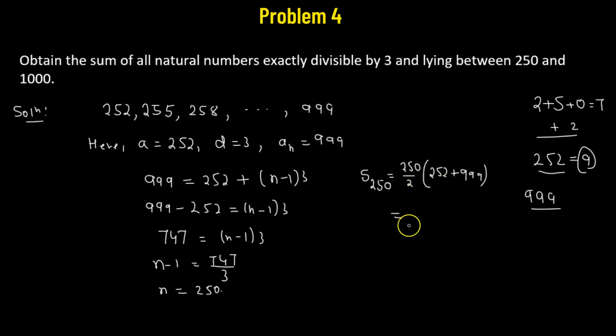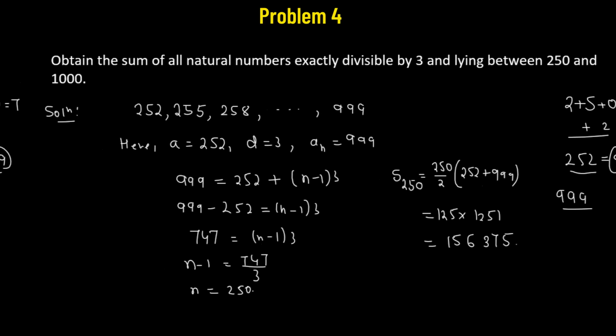So 250 divided by 2 is 125, multiplied by 252 plus 999, which is 1251, and when we take the product with 125, we get 156,375. So this is the sum of the 250 terms, and each of the terms is divisible by the number 3. Let's move on to the next and final problem.